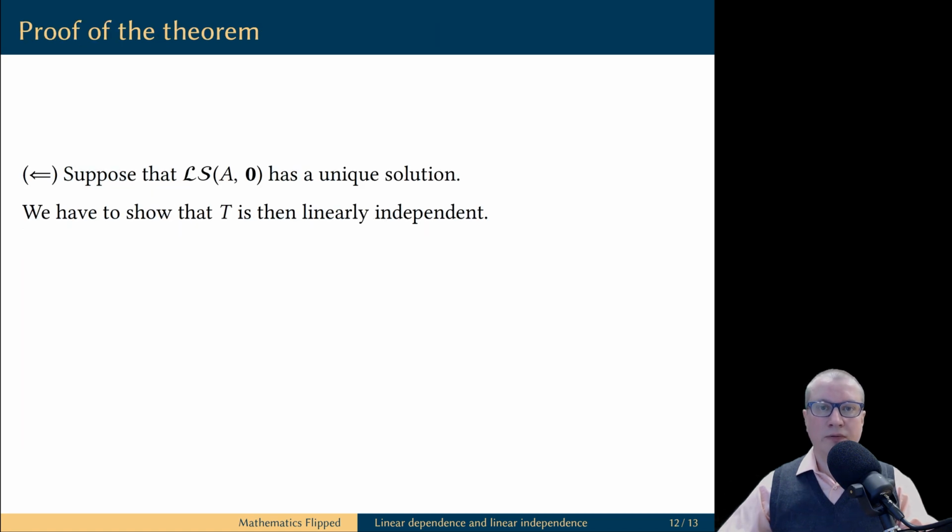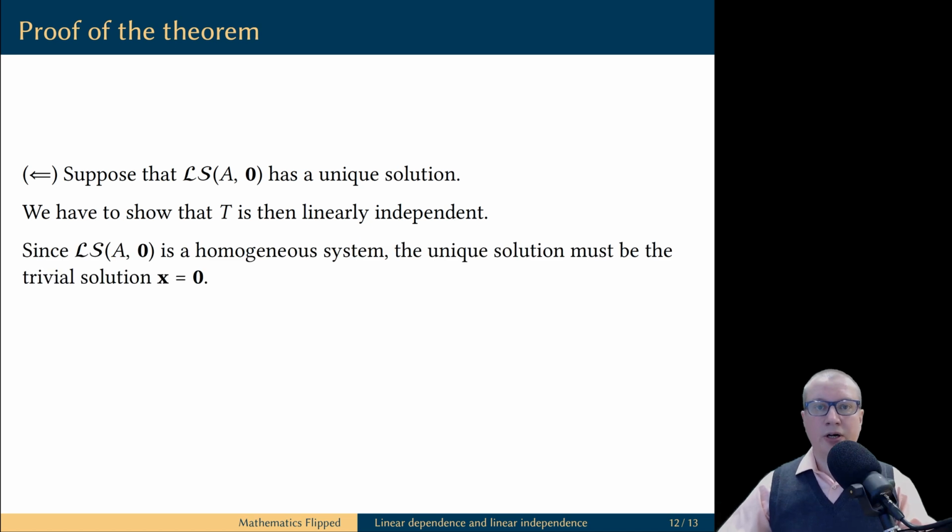In one direction, we are going to assume that the homogeneous linear system has a unique solution. Then we need to prove that this forces the columns of the matrix A to be linearly independent. We have a homogeneous linear system, and if it has a unique solution, it must be the trivial solution.